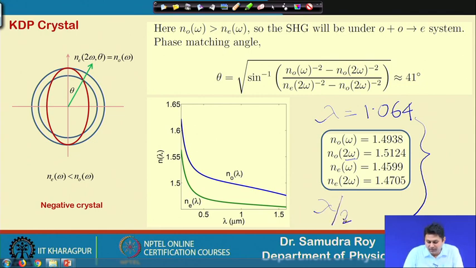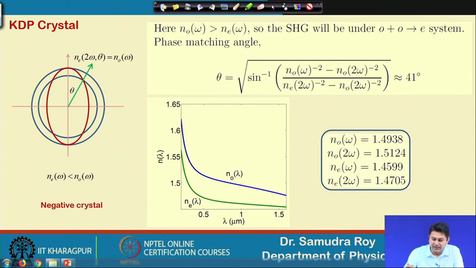Once we know the values n_O omega, n_O 2 omega, n_E omega and n_E 2 omega, using these we can find the value of theta, the phase matching angle, and we find this is around 41 degrees.